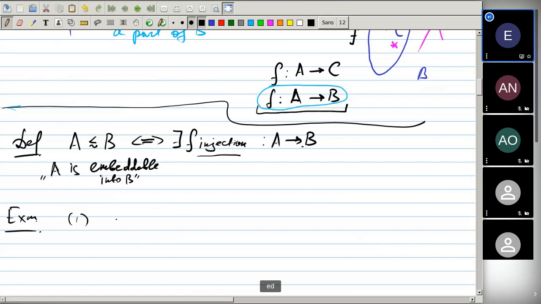First of all, our first example: if A is a subset of B, then A is always embeddable into B. Why is it so?